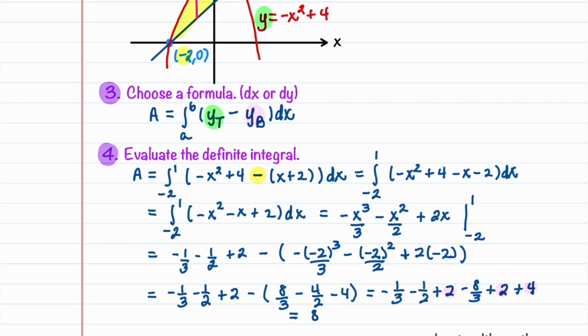And then we have a minus 1/3 and a minus 8/3. That's minus 9/3, which is minus 3. And then we have minus 1/2. So this is 5 minus 1/2, and that gives us a value of 9/2. So the area between these two curves is equal to 9/2 or 4.5.